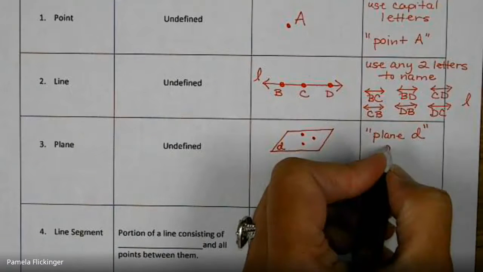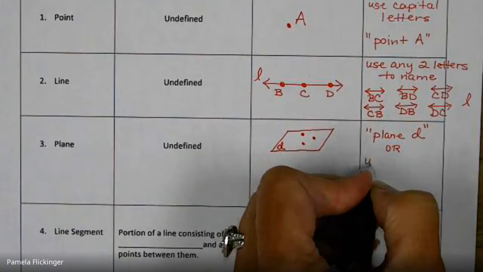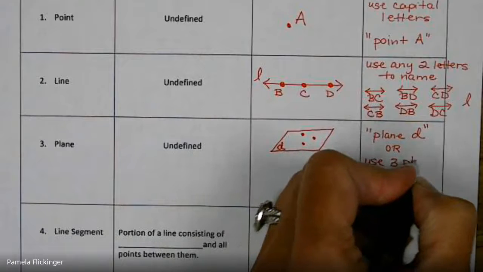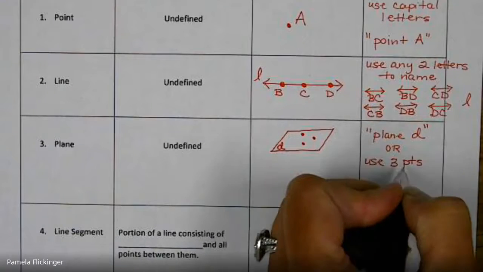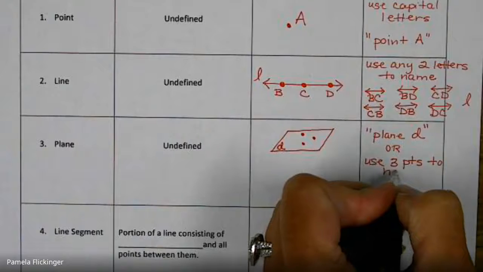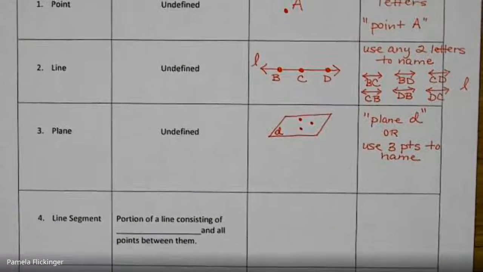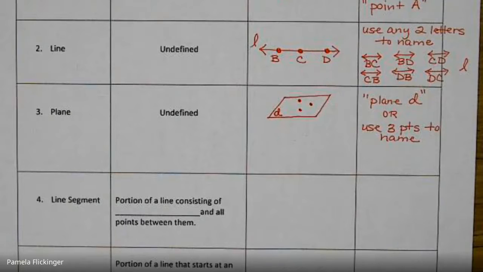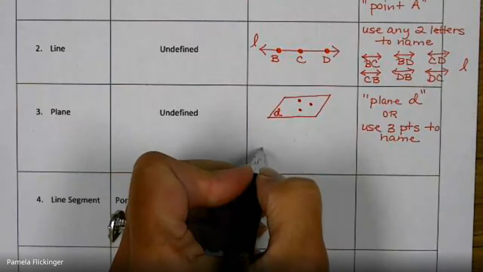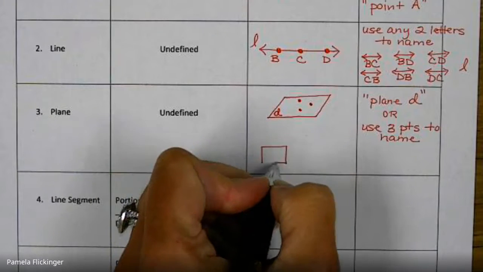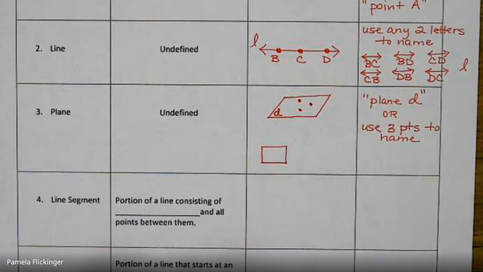Okay, or we're going to use 3 points to name. Now, a better picture to show with using 3 points is actually to show a box. All right. So this is my box. I'm going to draw a rectangle or square.